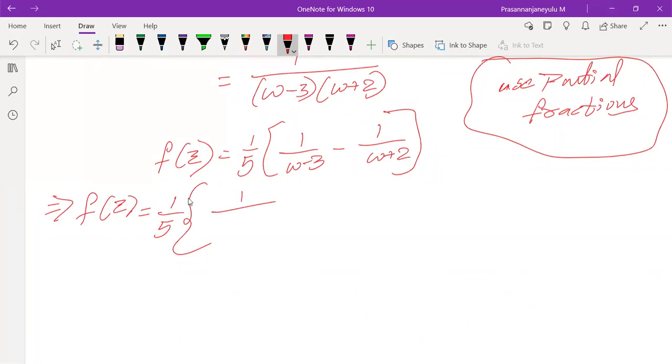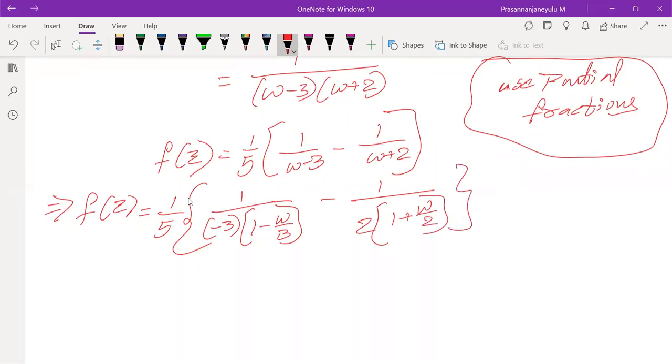Take the constant term in the denominator. What is the constant term? Minus 3. Taking minus 3 common, we get 1 minus w by 3, minus 1 by, in the same manner, take 2 common, 1 plus w by 2.